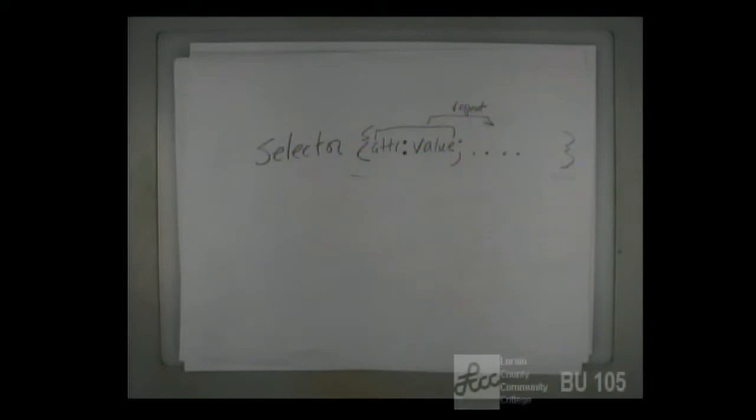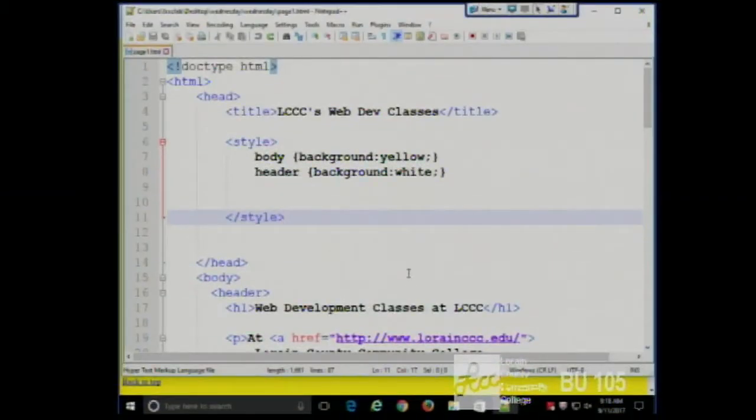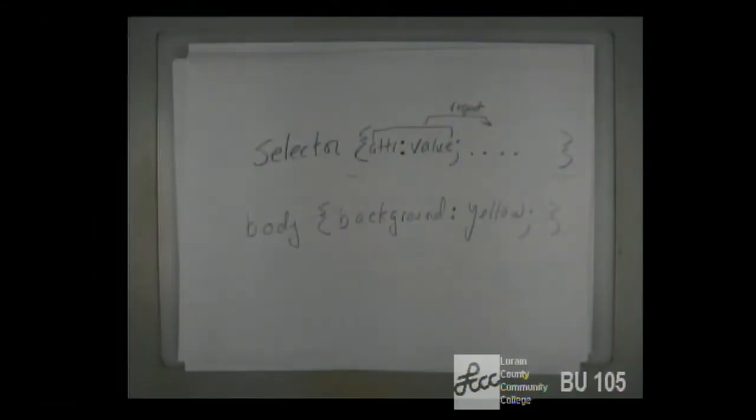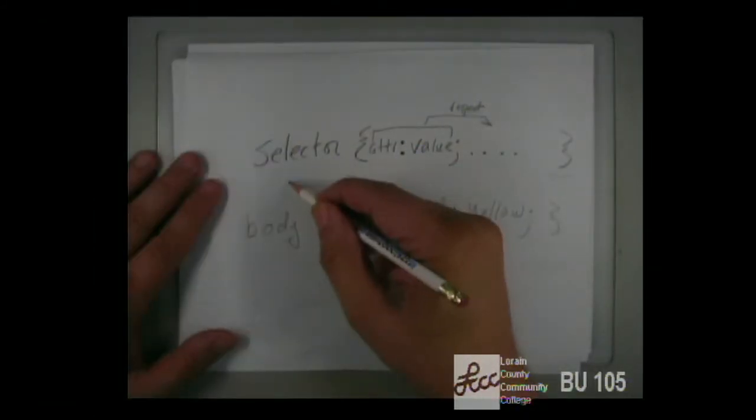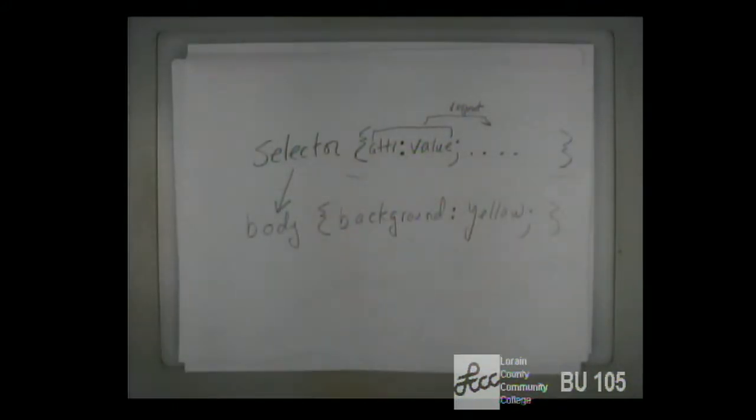So let's look at our CSS code and see how it fits this format. We have something called body. One of our CSS rules says body, brace, background, yellow. This is a selector. What does a selector do?